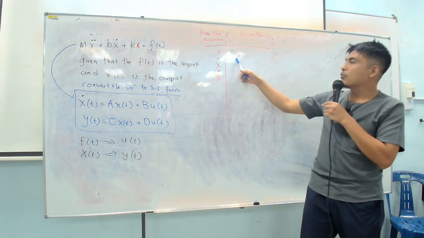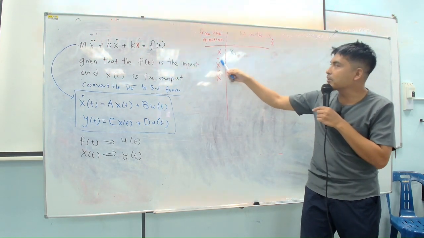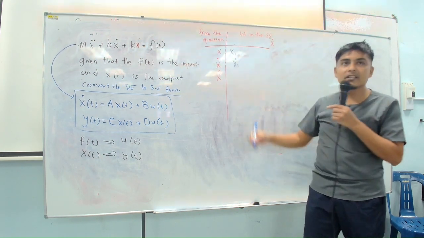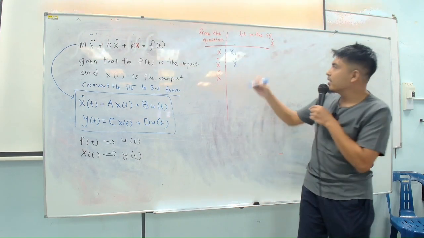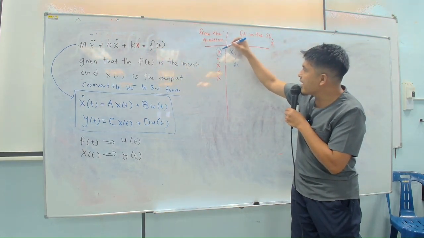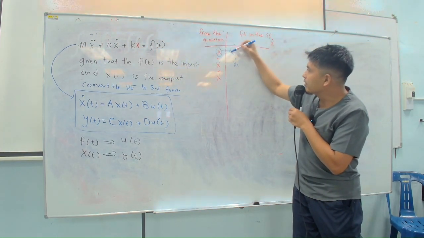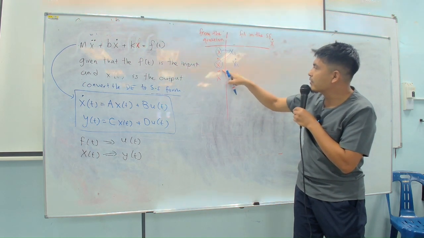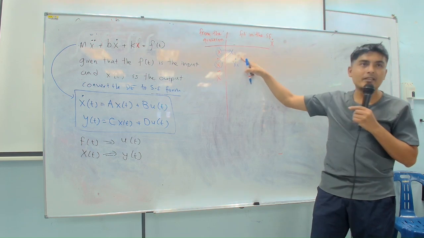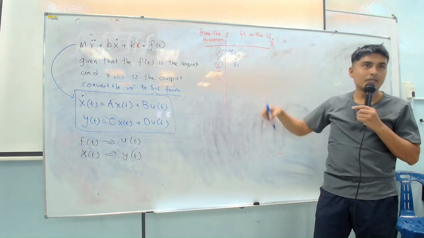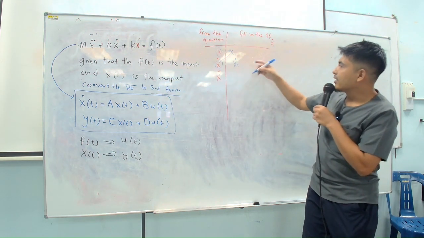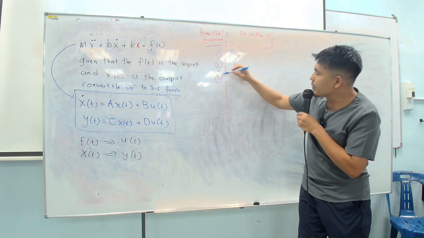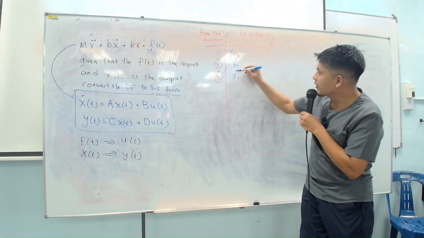If x is x1, x dot then becomes x1 dot. Is it correct? So it means that we replace every x with x1. So that's why it becomes x1 dot. Then x double dot also becomes x1 double dot.